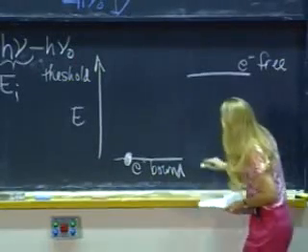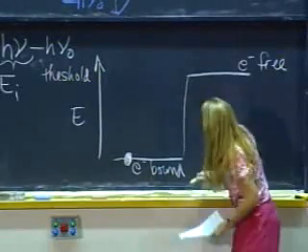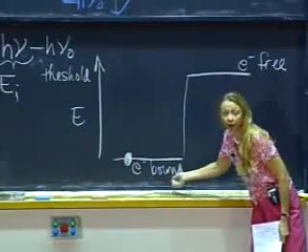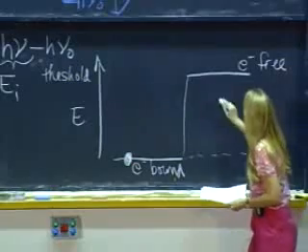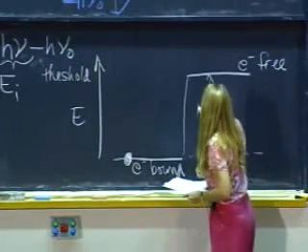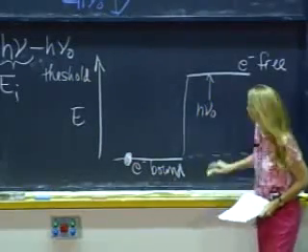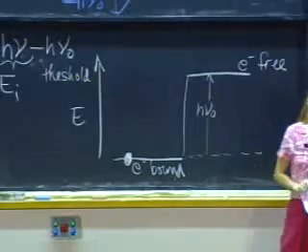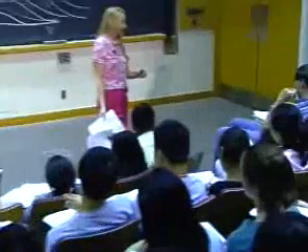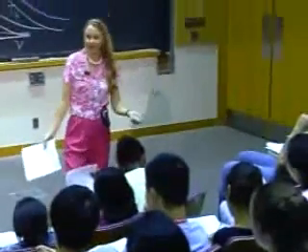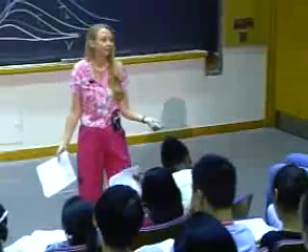And the energy that is required to pull the electron off from the bound state to its free state, this energy here, is this threshold energy, h times nu naught. This threshold energy is like an ionization potential. You know what the ionization potential is, just the energy required to pull an electron off an atom or a molecule.